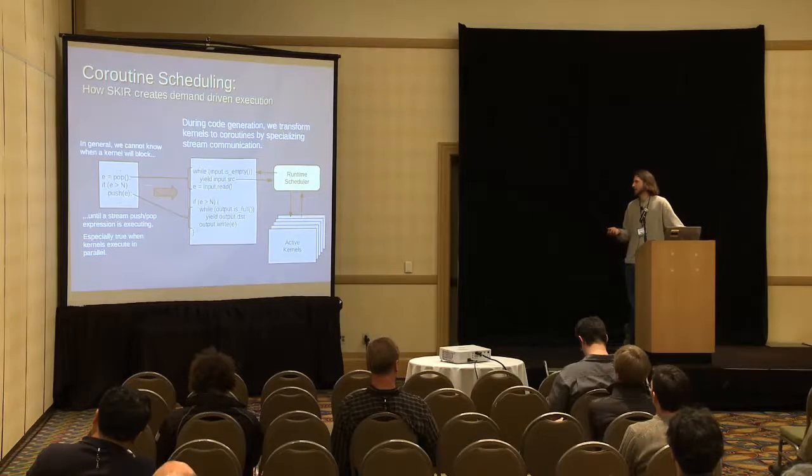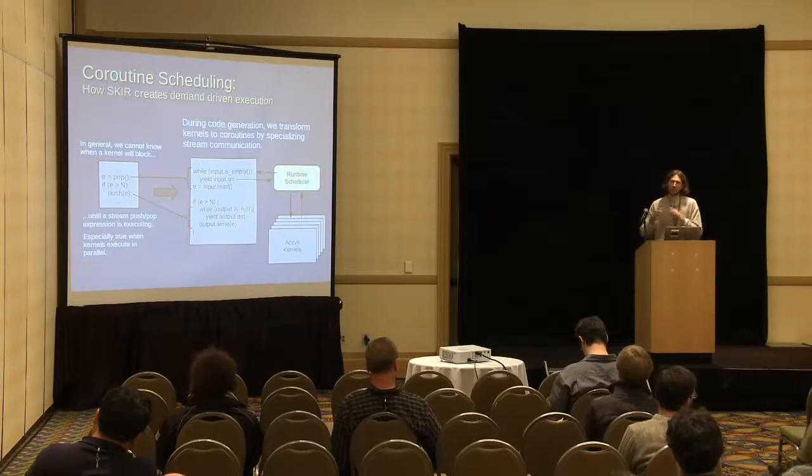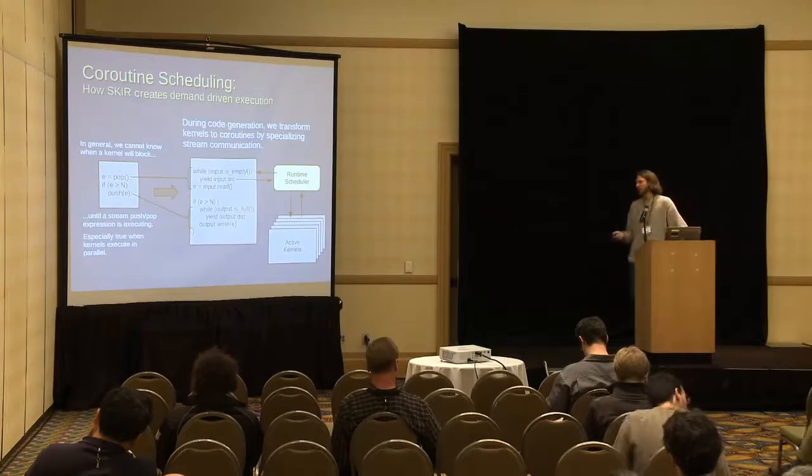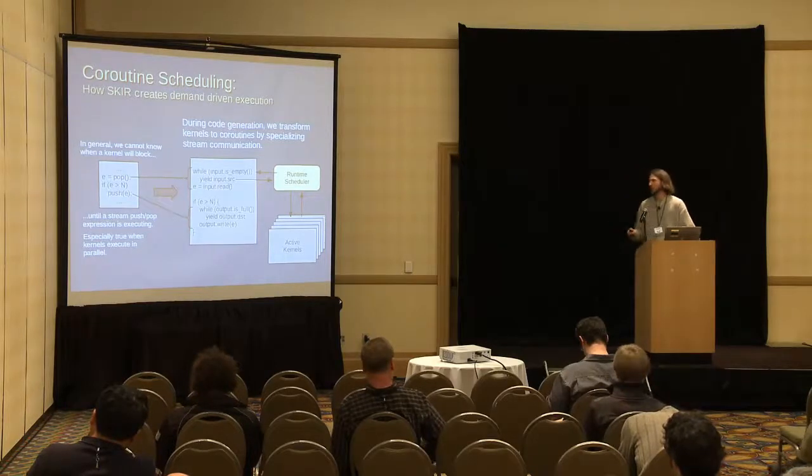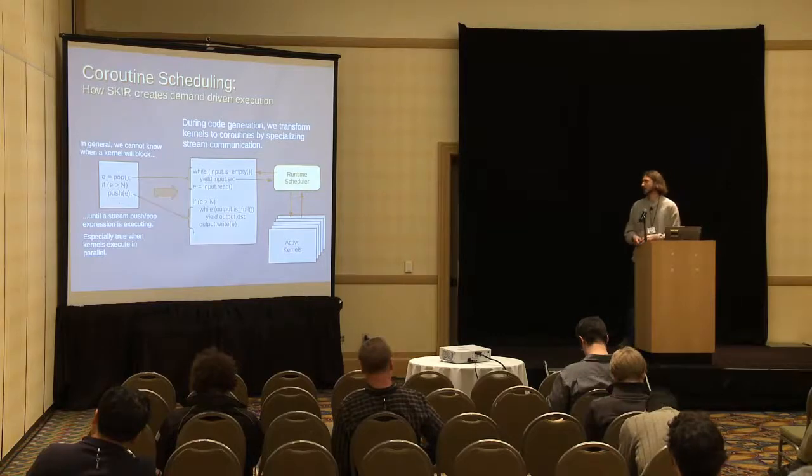We're looking at maybe some kind of type of the packet or something, and then we're forwarding it to an output stream or something. We don't know if we're ever going to block on a particular output stream because we don't know when we're going to push to that. So instead of trying to make that decision statically for arbitrary kernels, we use this coroutine style of execution. So we just yield at the point of blocking back to the scheduler.